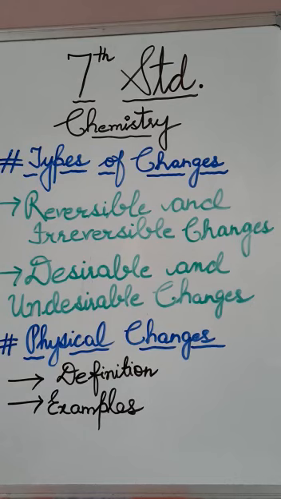On the other hand, some changes are harmful and are therefore undesirable, like the rusting of iron and the spoiling of food. Earthquakes, cyclones, and volcanic eruptions are some examples of undesirable change that can cause damage on a very, very large scale. Fine. So you can number them also, and see what the numbers and examples mentioned here are.